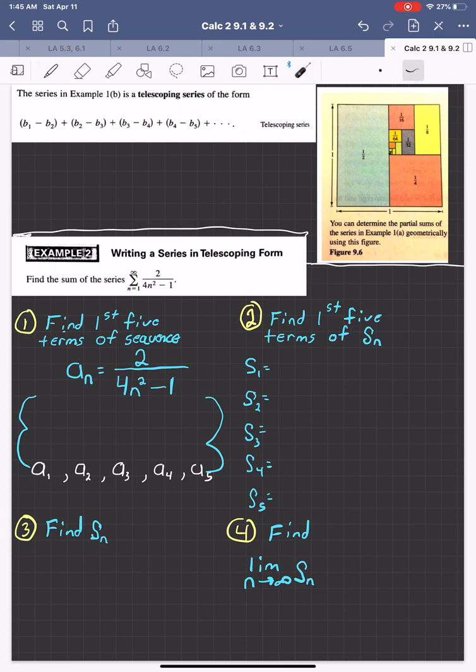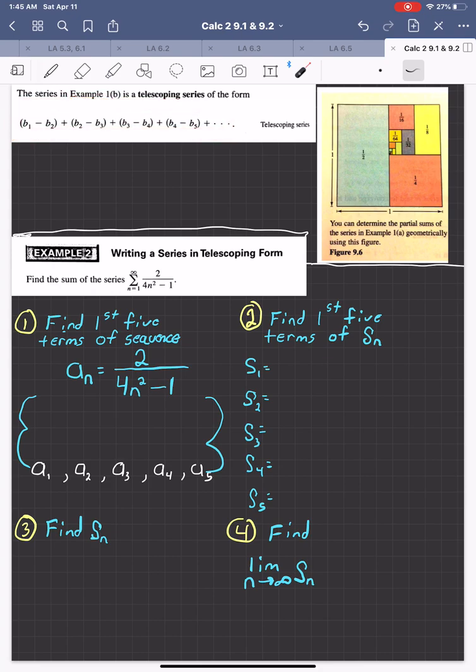This type of series that we saw in example 1b, the second example, is what we call a telescoping series, and this is the form that it would take.